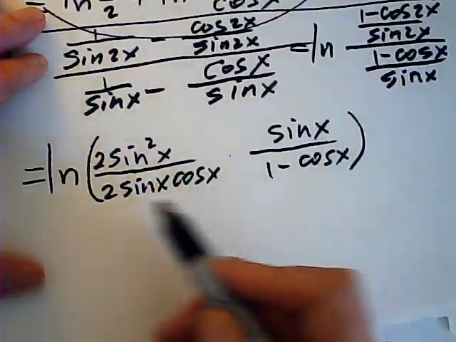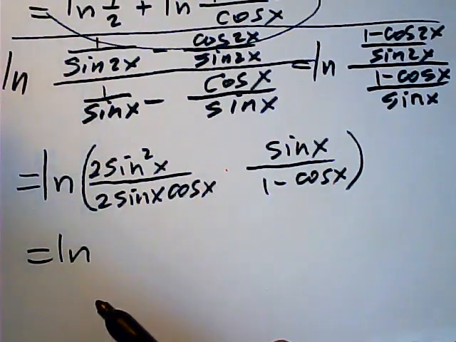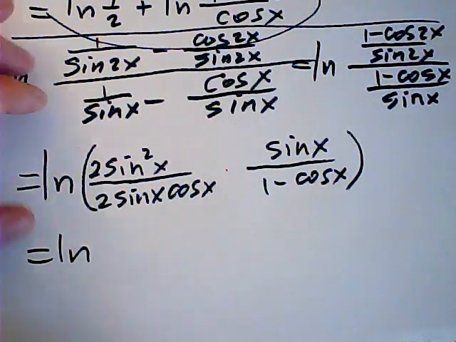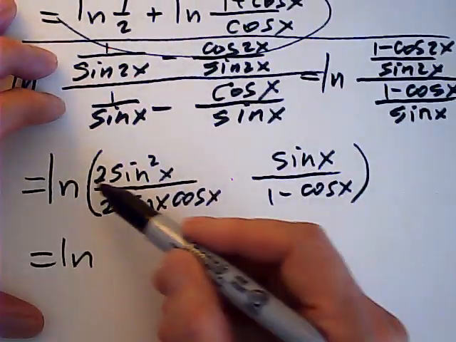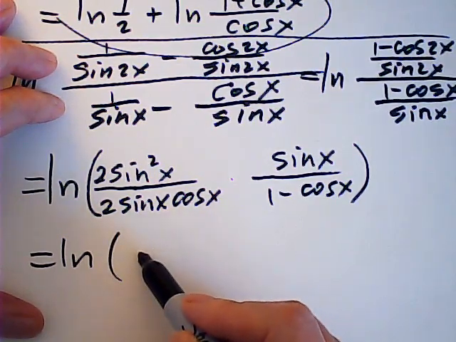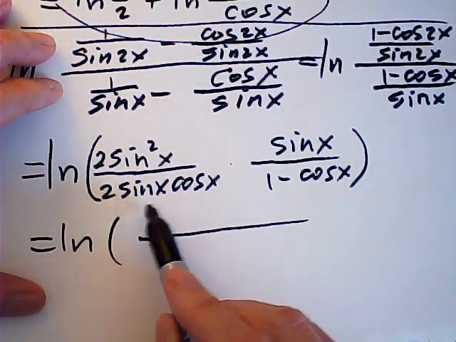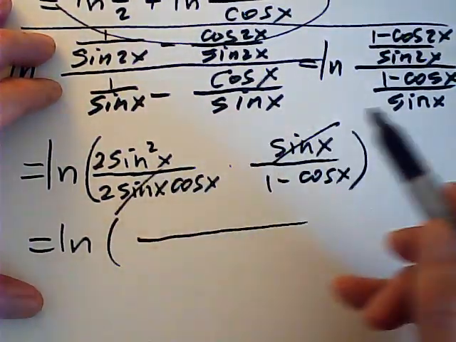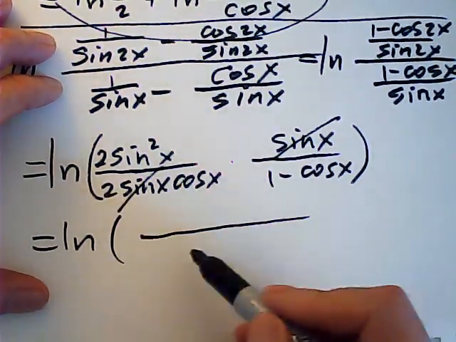Yeah. This one is the natural log. This one is equal to, the 2 cancels out, so sine cancels with the sine and cancels with the 2.